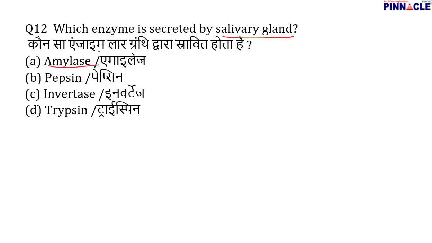The complete name of this enzyme is salivary amylase, secreted by the salivary gland, and its main purpose is to convert carbohydrate into simple sugar. All the carbohydrate gets converted into a simple sugar known as maltose by the salivary amylase secreted by the salivary gland. So for question number 12, A, that is amylase, is the correct option.